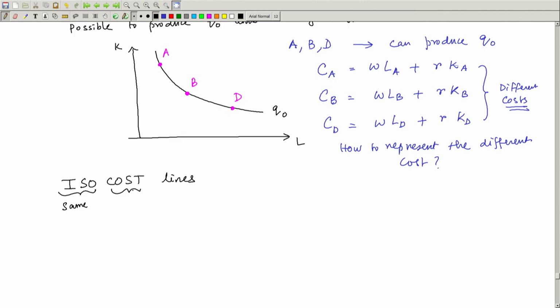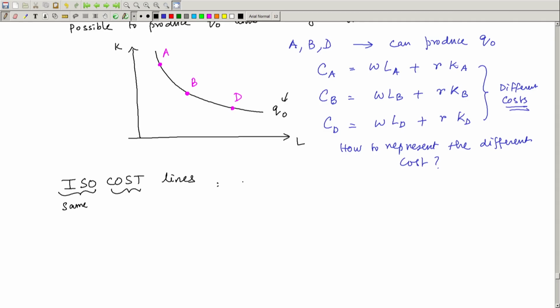Recall, an isoquant already has combinations of labor and capital. In this graph, you can see three combinations A, B and D which are leading to Q0 amount of output, right? But these bundles may not cost the same amount. I am interested in finding all combinations of labor and capital which cost the same amount of rupees.